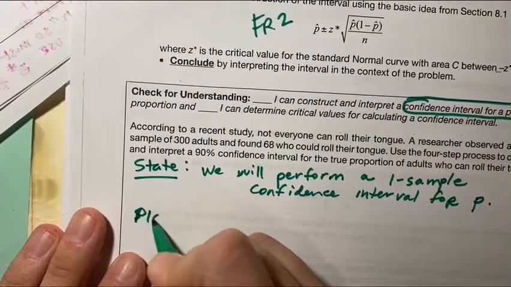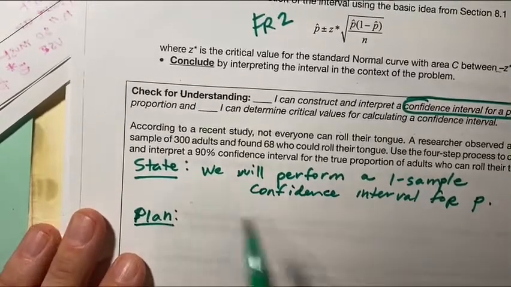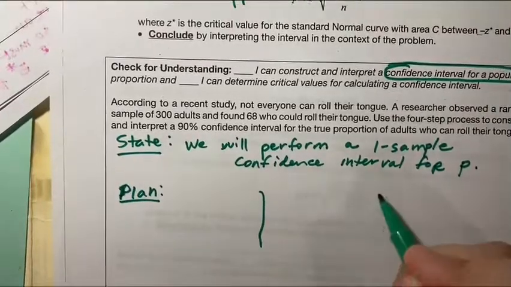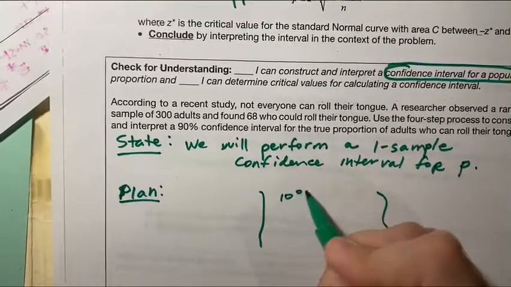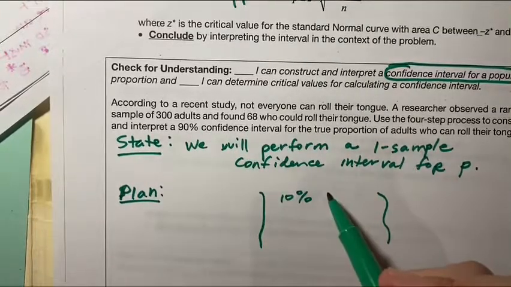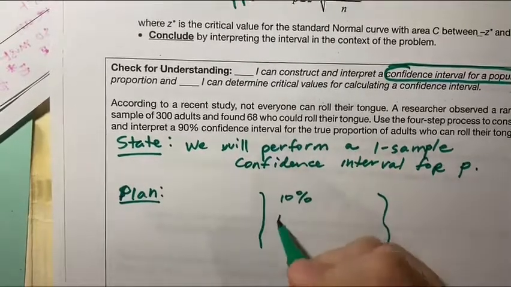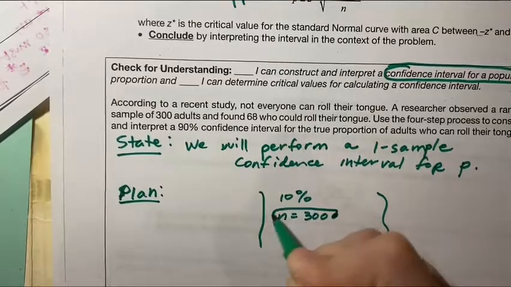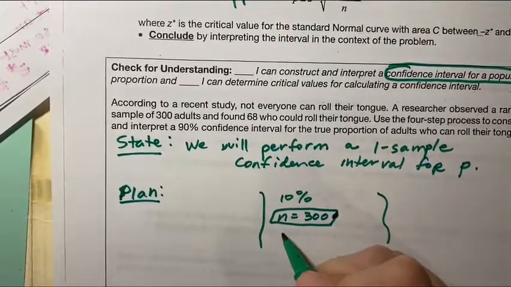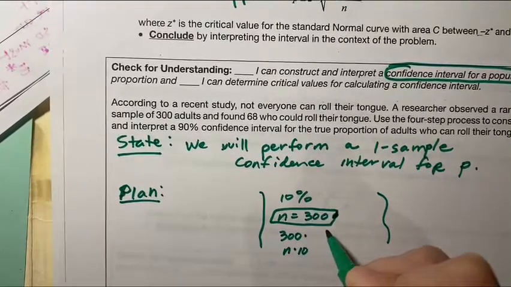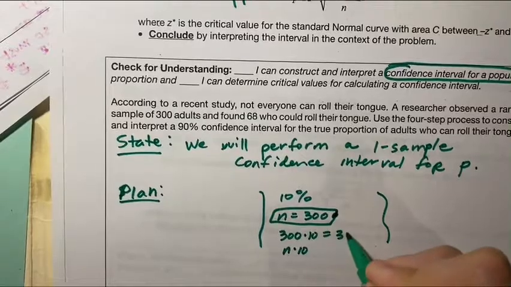We don't have to do H sub O and H sub A, but in our plan, we have to do each of our conditions. So 10% condition, since N is 300, N times 10, or 300 times 10, is 3,000.